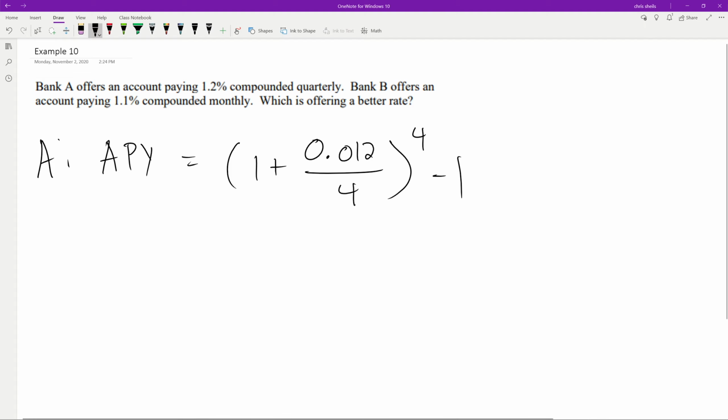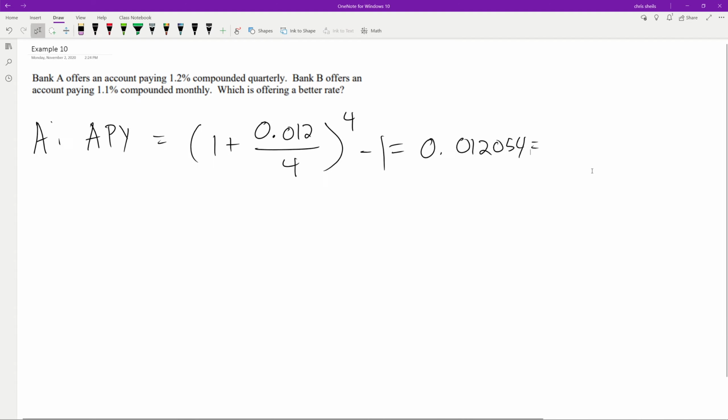And this gives me 0.012054, which is a 1.2054 percent growth rate.